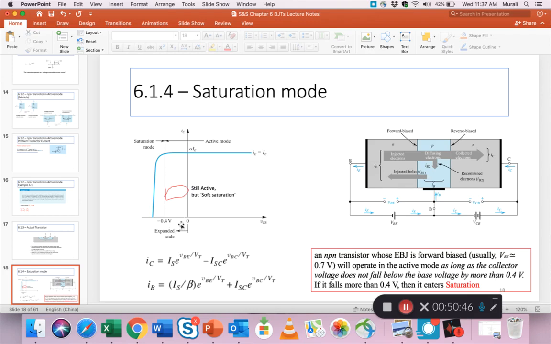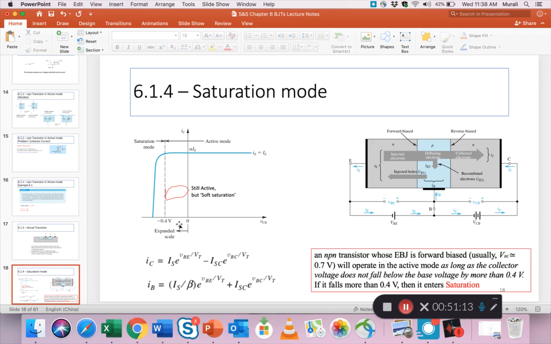That's why you see, as long as the base collector junction is positive, that means it's reverse biased, it's happy, it's in the active mode. But once you start to actually give it a negative voltage, we are actually forward biasing that junction, which it doesn't like, which is not suited for our applications.